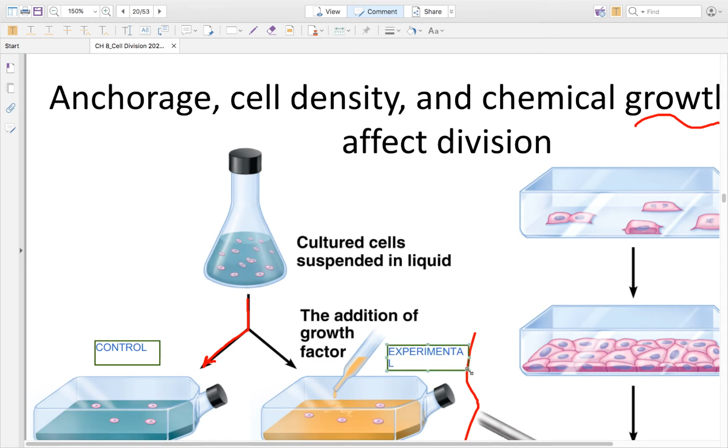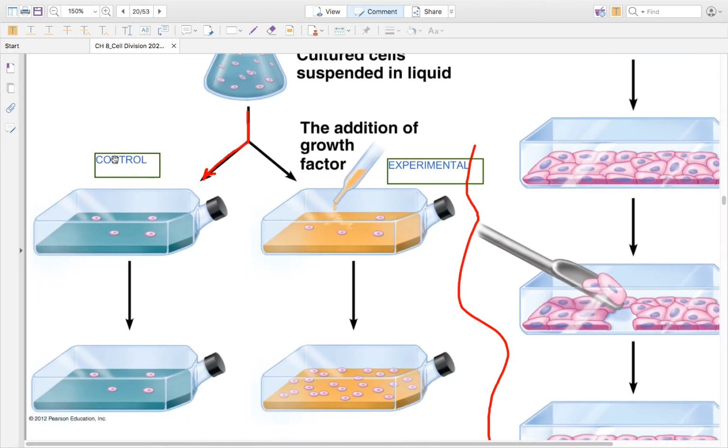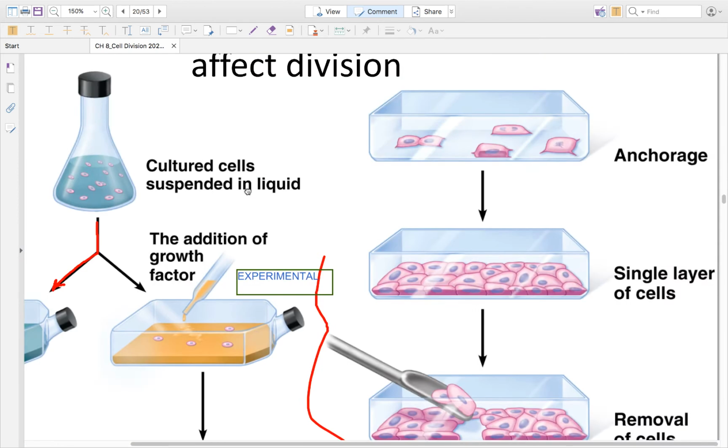Alrighty, so they put 4 cells in here, and if we count them up, there's 1, 2, 3, 4. They waited a certain amount of time, and there's only 4. Well, that's because cells cannot grow in a liquid. They have to be anchored.